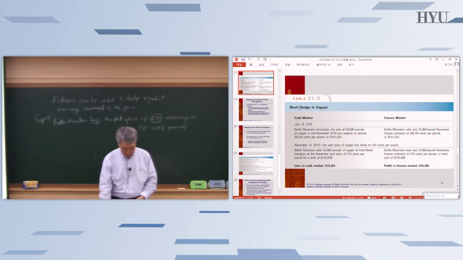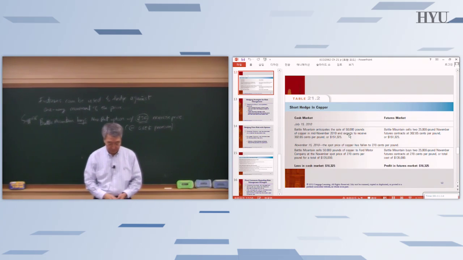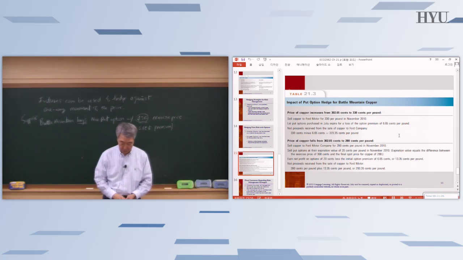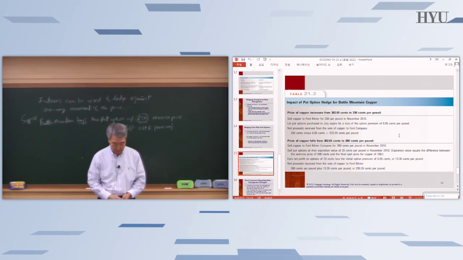Okay, so here, going back to this example, they anticipate the sale of 50,000 pounds of copper, so you know the story. So price of copper increases from 302.65 to 330 cents per pound, right?